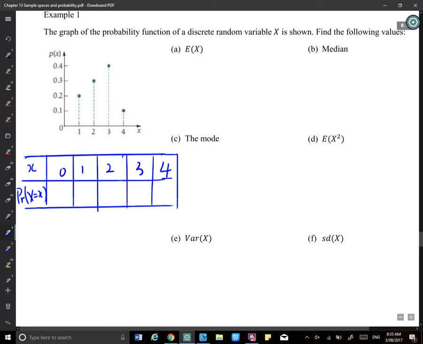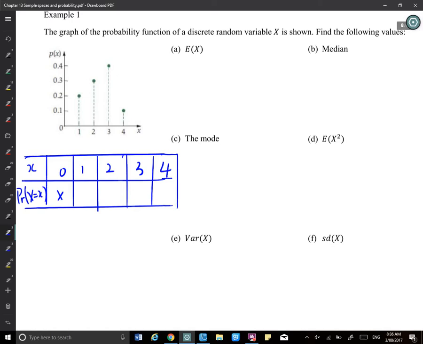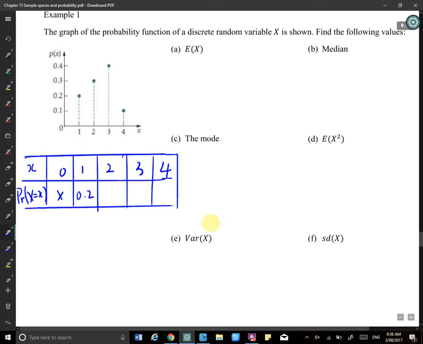The probability I can read, well, from 0 there are no values, so it's basically a 0 probability. You don't really need to write that, or you can directly start from 1. So at 1 you have 0.2, at 2 you have 0.3, at 3 you have 0.4, at 4 you have 0.1.